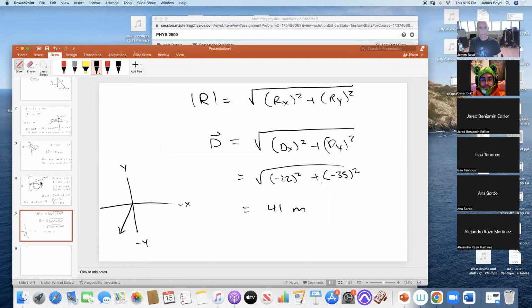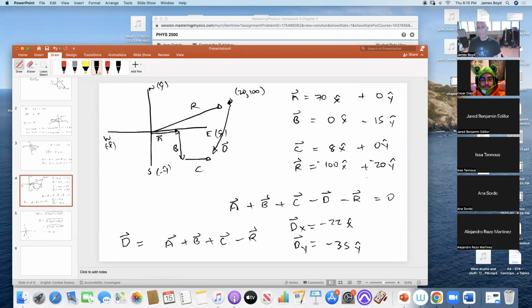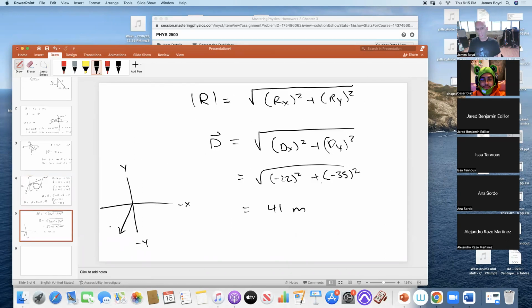We go back and look at D. We can pick D up and move it to here. You can always move a vector anywhere you want. You just can't change its magnitude or its direction. So we know it's going to be in quadrant 3, because negative x and negative y is quadrant 3, of quadrants 1, 2, 3, 4.